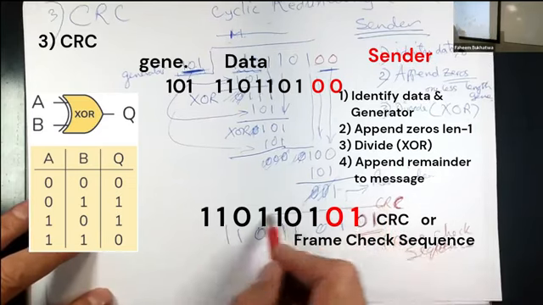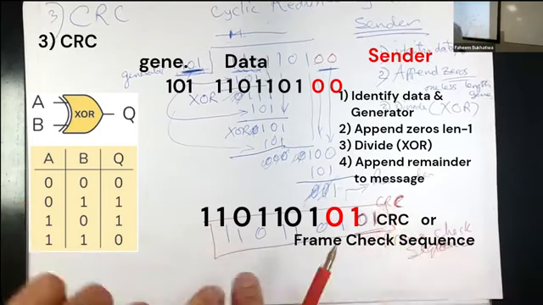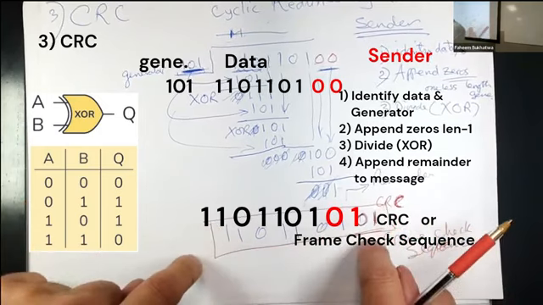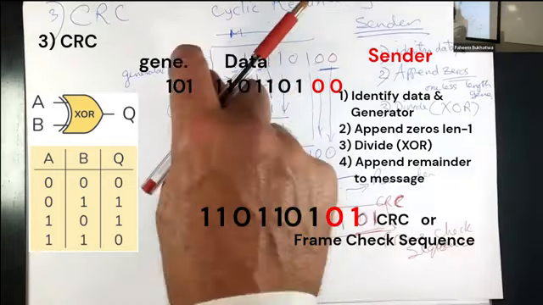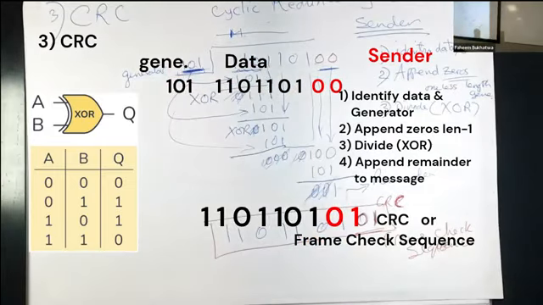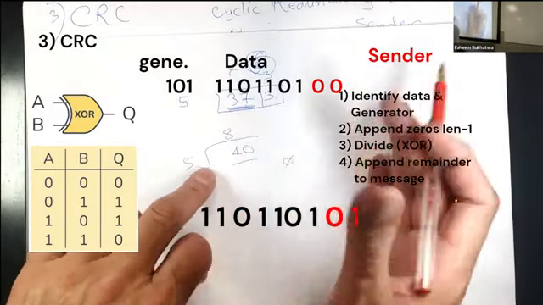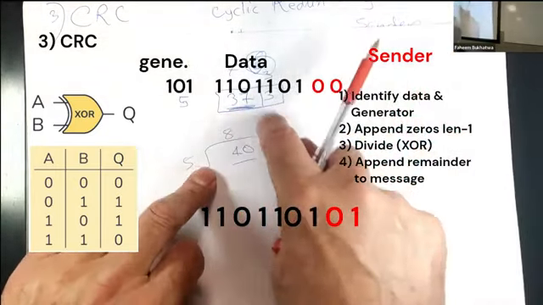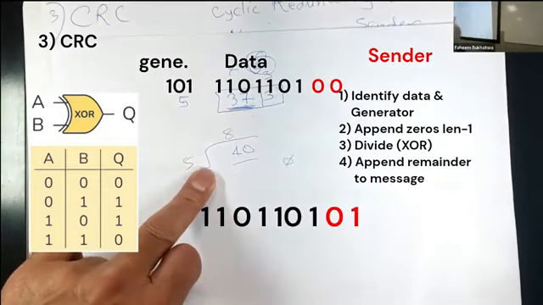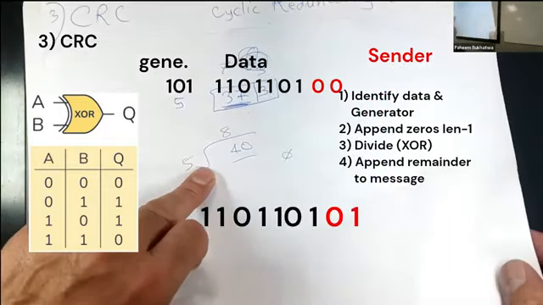Now, this new number, if received by the receiver as it is, and if it's divided by 101, it will give a perfect division with no remainder. That's the general idea. This is like earlier on, when we worked out the 37, we added 3 to it, so it's 40. So if the receiver gets 40 here, then divided by 5, the remainder will be 0.